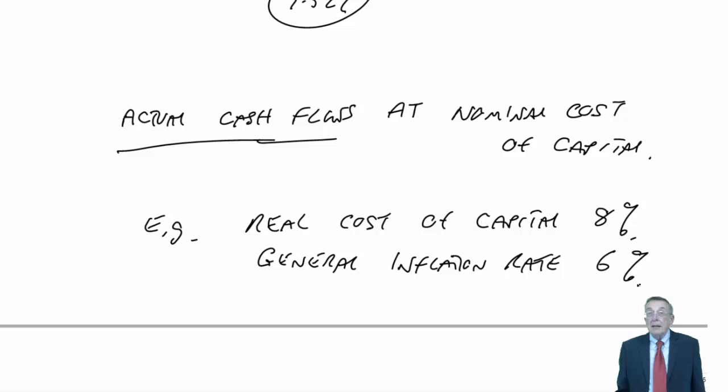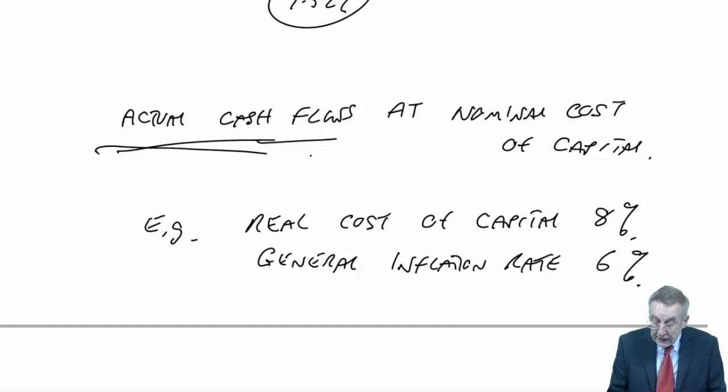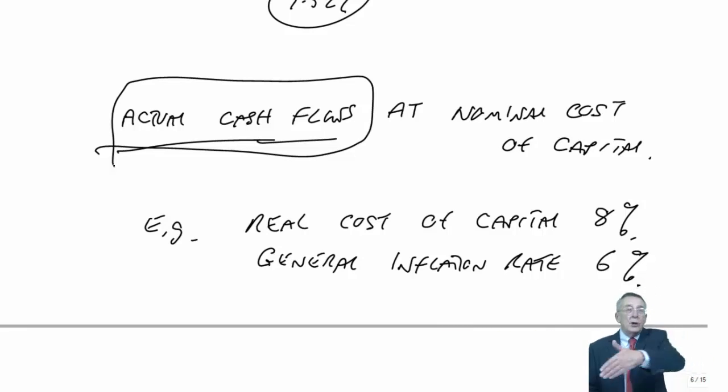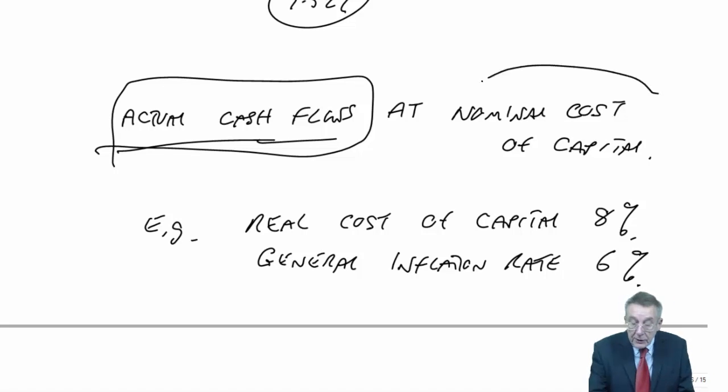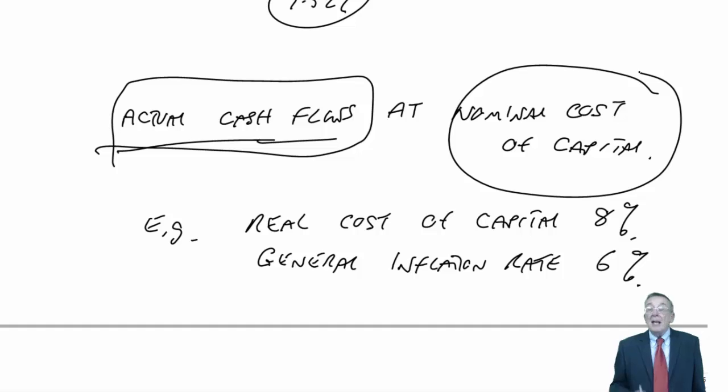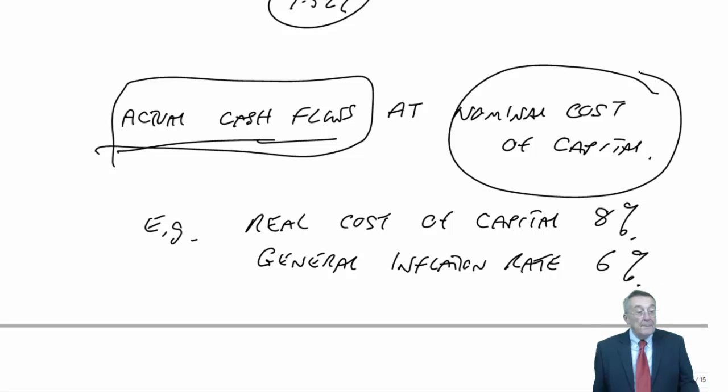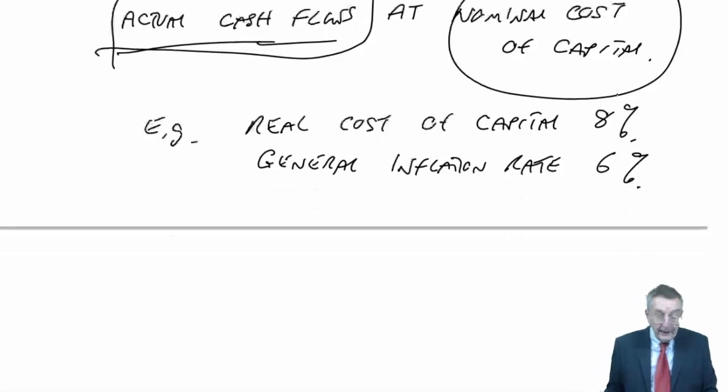If I've given it you that way, you'll get your actual cash flows, you'll inflate all the individual flows at whatever the relevant inflation rate is. They won't all inflate at the same rate. But we then need to discount at the actual cost of capital. And how are we going to find out what it is? You'll use that Fisher formula again.